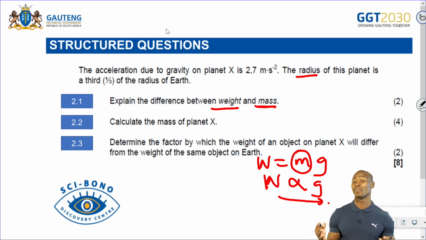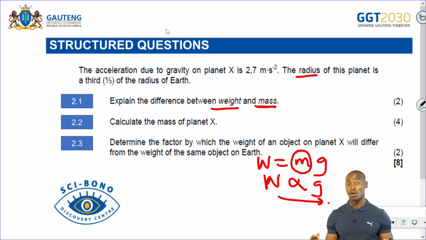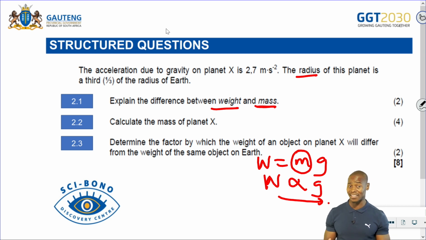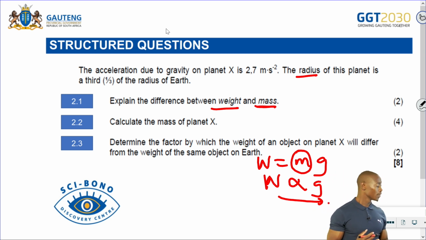So on planet Earth it can weigh 600 newtons, but on another planet it will be a different story. Although your mass remains the same, what changes if we move to a different planet is the gravitational acceleration. And if the gravitational acceleration changes, even the weight of an object will change.